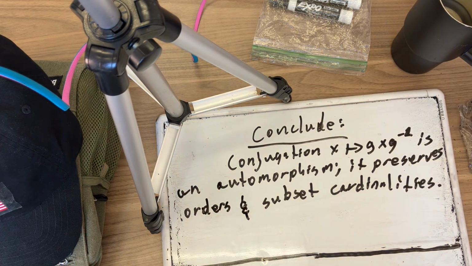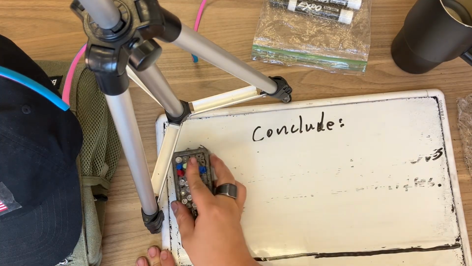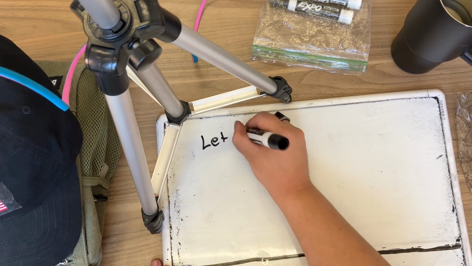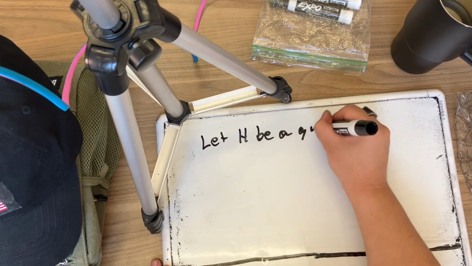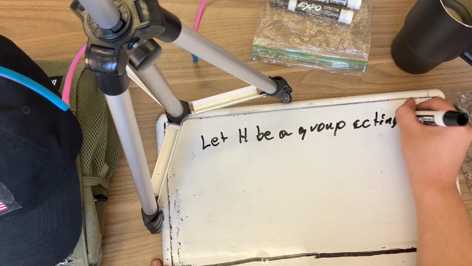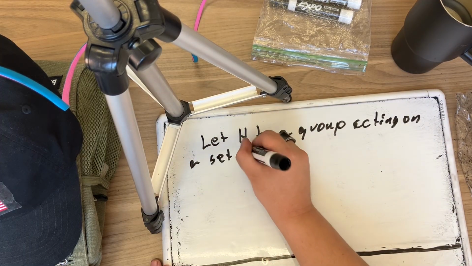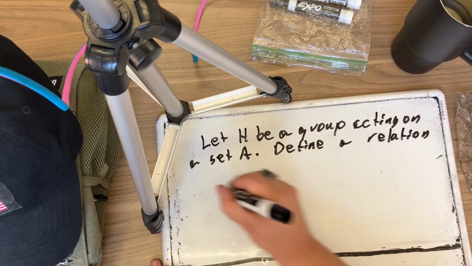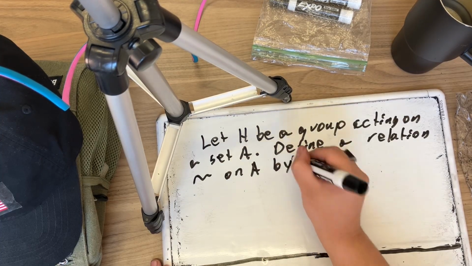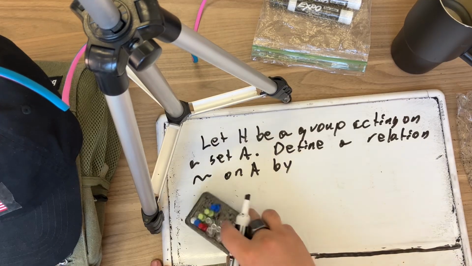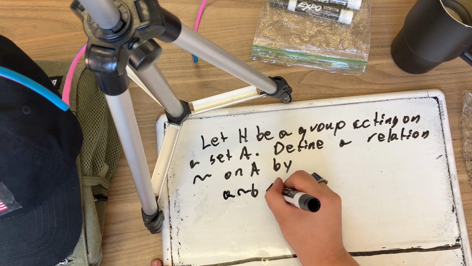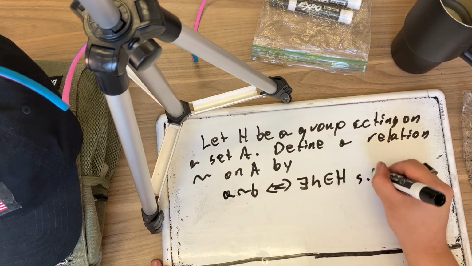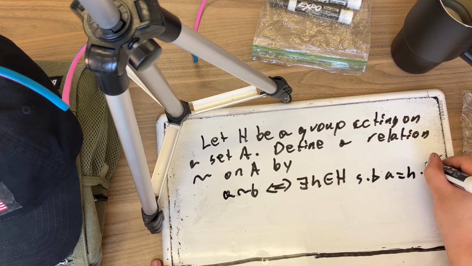Now let's move on to exercise 18. So exercise 18 says let H be a group acting on a set A. And define a relation tilde on A by little a tilde little b if and only if there exists little h within H such that little a is equal to little h dot b.